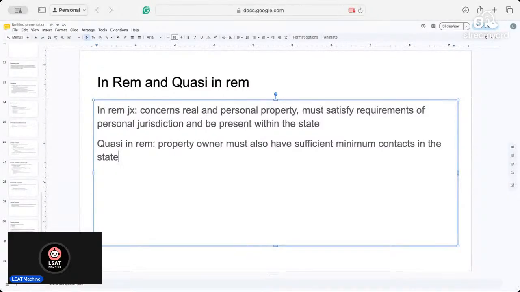If it's quasi in rem, quasi meaning kind of, because it's not about the actual property, it's about who owns how much of it or when they own it, that has to satisfy the minimum contacts. In rem does not. The property just has to be located in the state and it will settle all the rights and claims. Okay.